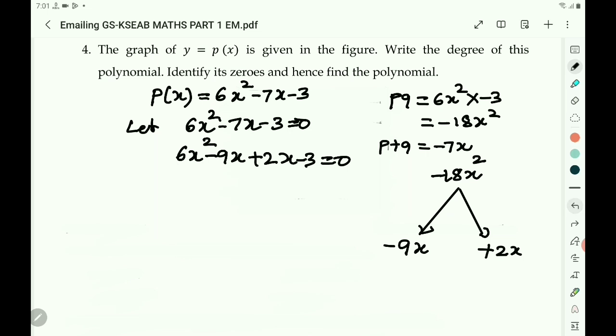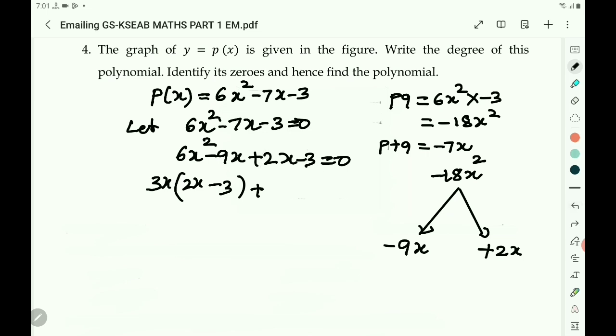Out of these two, remove the common factor. 6 and 9 are in the table of 3, the HCF is 3, and out of x² and x, x is common. So 3x is common. Write it outside the bracket, and in the bracket, what is remaining? 3 × 2 is 6, so 3x into 2x is 6x²; minus 3x into what is 9x? 3x into 3; plus here 2x minus 3.